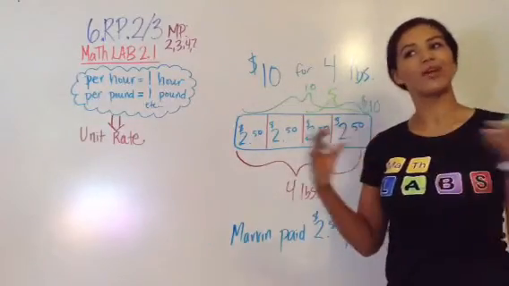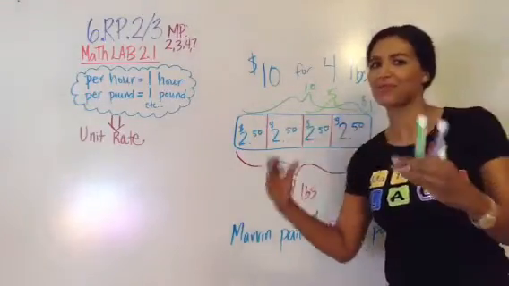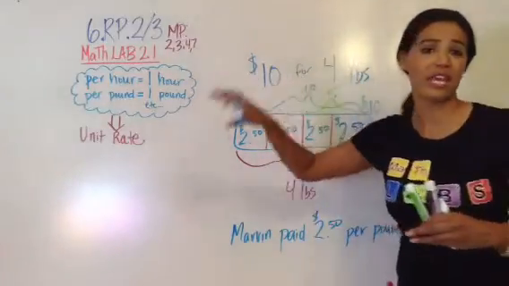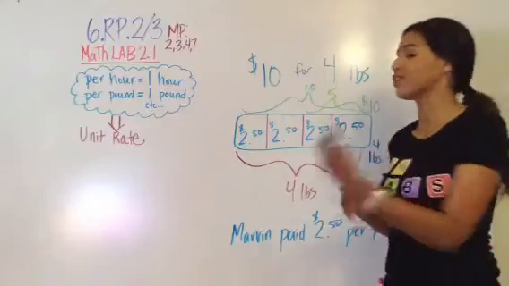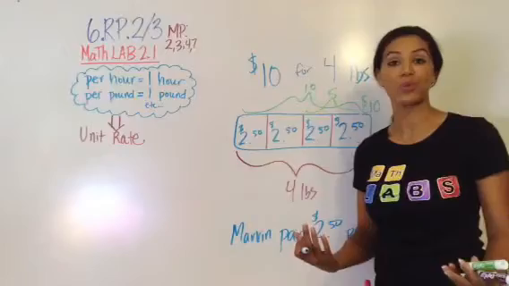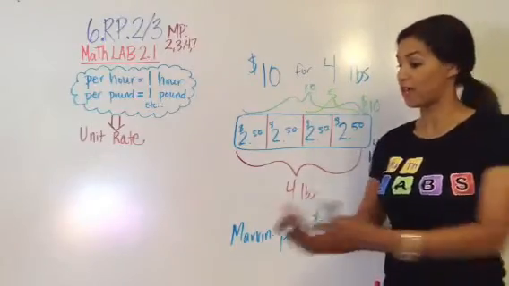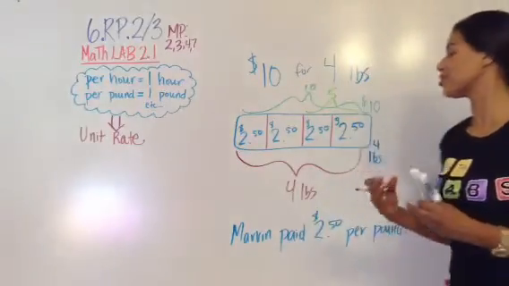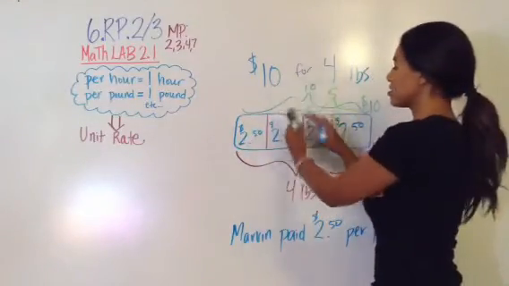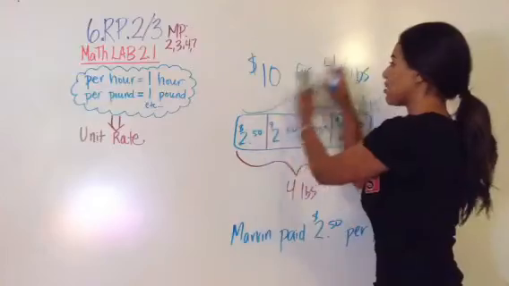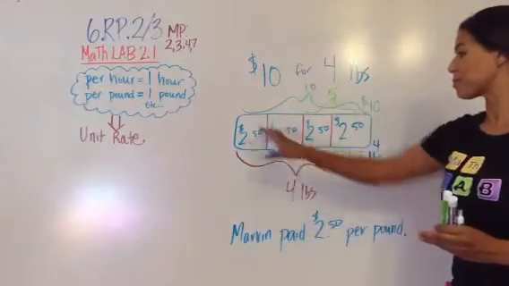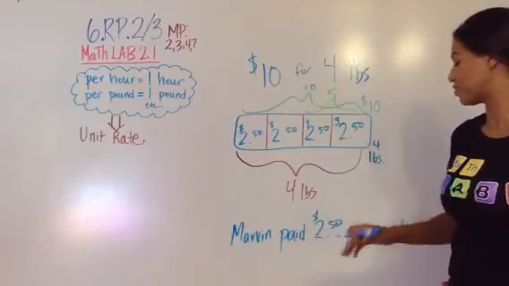But they're not quite sure if they divided correctly because they're not sure if they did 10 over 4 or 4 over 10, and then they're using their calculator, and then they could get 40 cents and not think about it, and that could look great, especially if it's multiple choice, and that wrong answer is there. So the idea here of this bar model also just reinforces, again, the sense of this number here, $10, and how it's related to this unit here of per pound, okay? So Marvin paid $2.50 per pound.